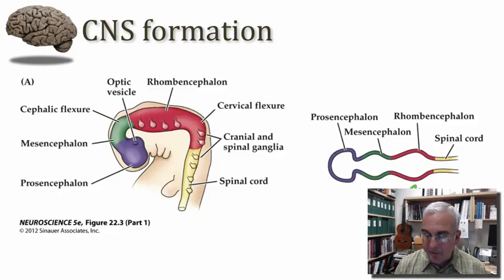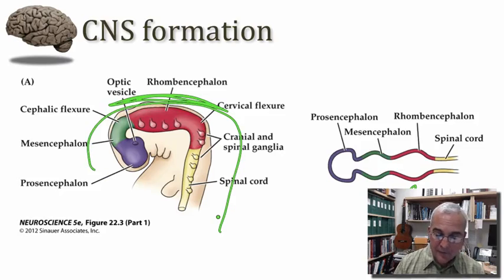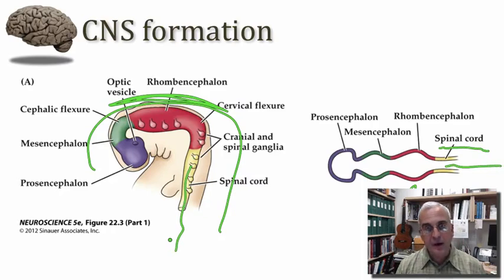And the rhombencephalon is what we call the hindbrain. So the rhombencephalon would be this relatively extended straight part at the top of the cane-like shape of this developing embryo. And then caudal or posterior to the rhombencephalon, we have the spinal cord, which will take shape.